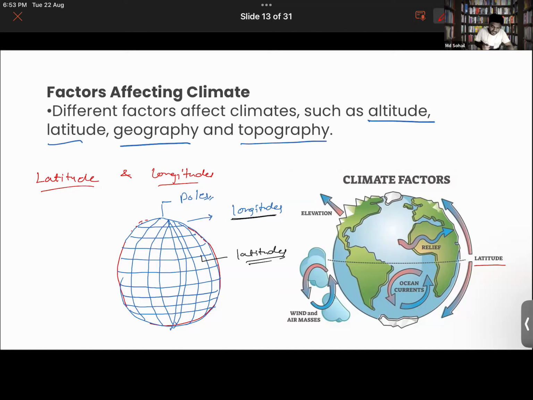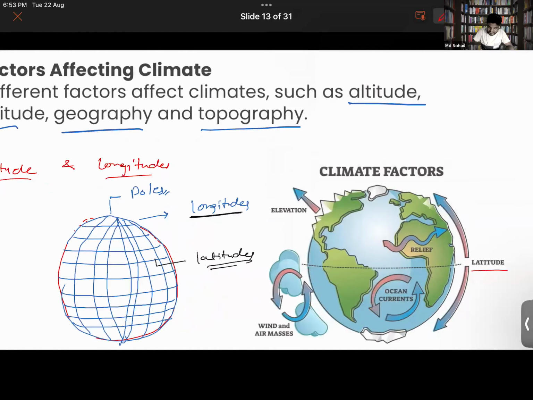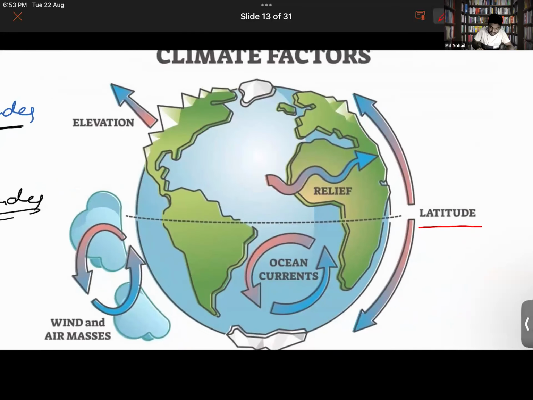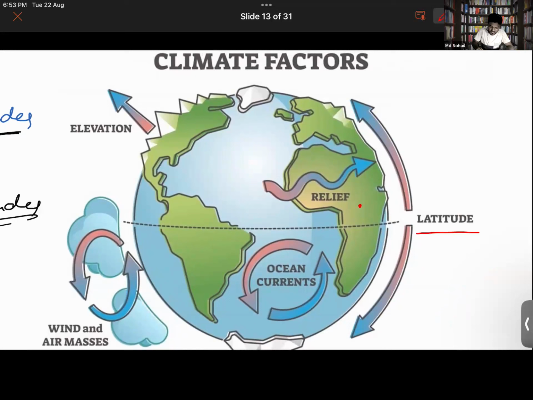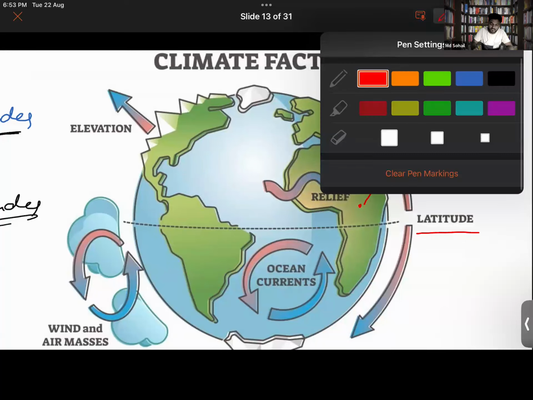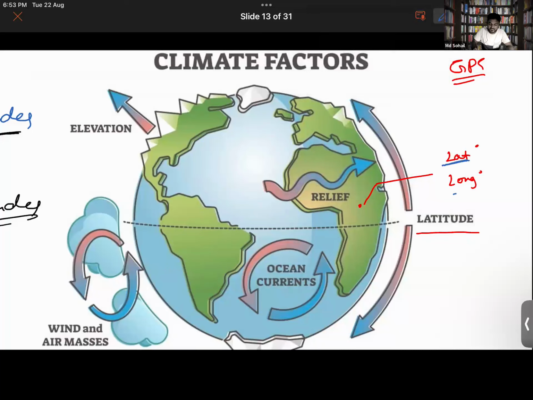Suppose on this part of the earth, I was to locate this area. I will try to find the value of its latitude and longitude. Basically, the GPS technology that you use, the Google Maps that runs on GPS, checks for the latitudes and longitudes of the place, and then shows you the required direction to reach that place.